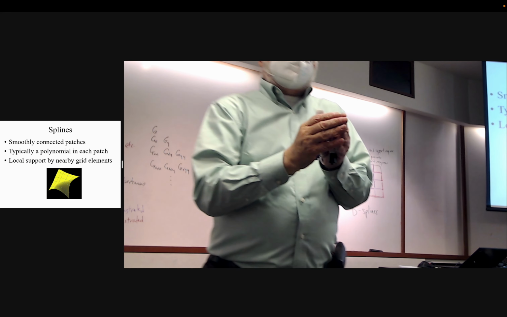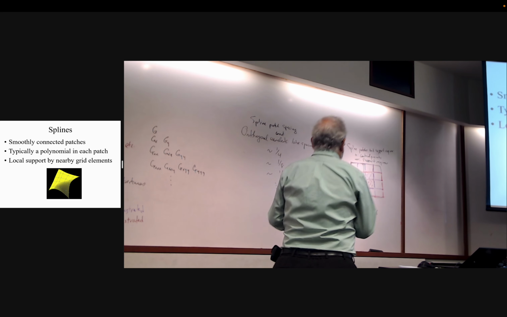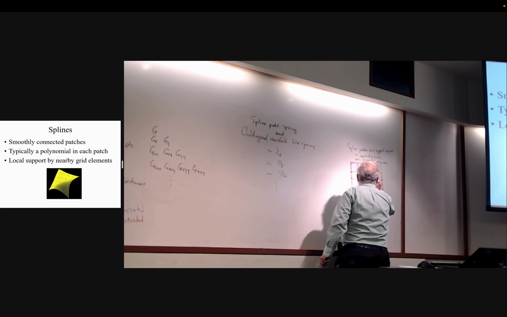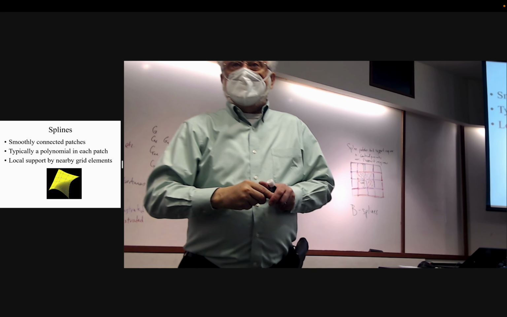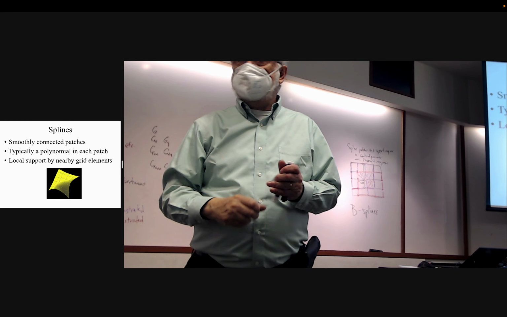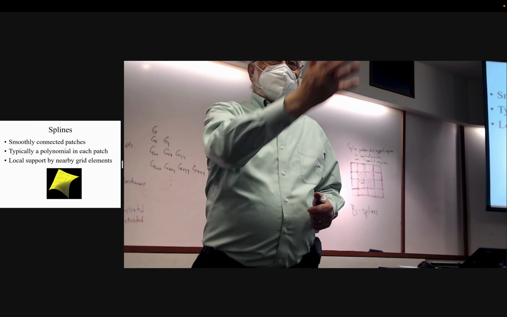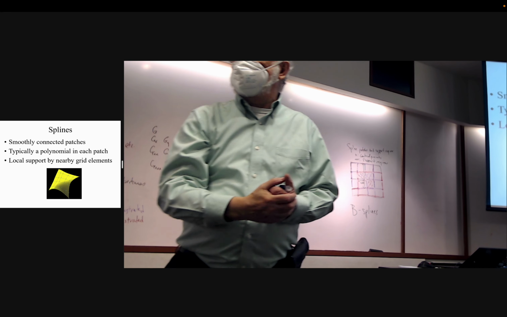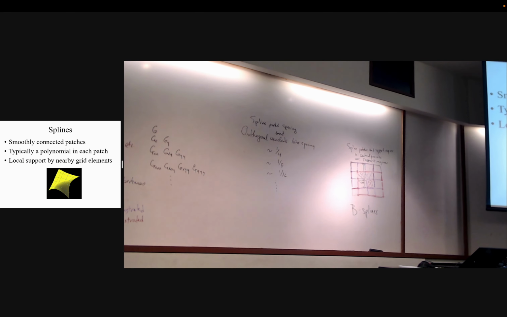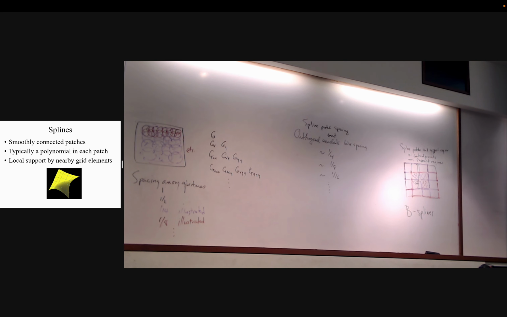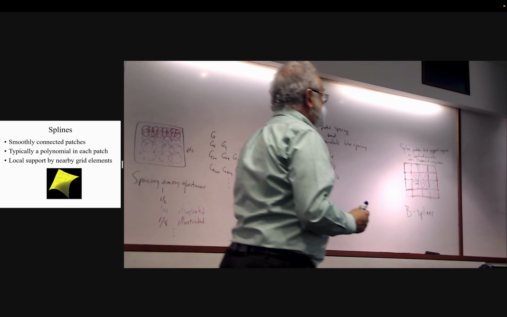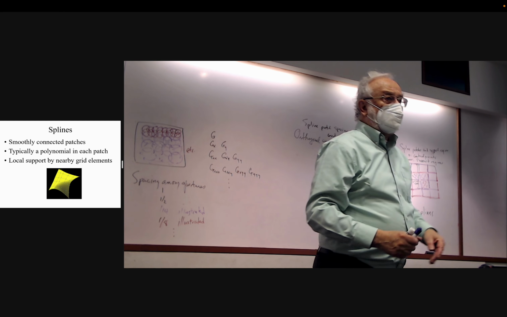That is to say, at this edge separating the two patches, across that edge, the polynomials agree in value. They're smooth in first derivative and in second derivative. They produce continuous functions in 0, first and second derivatives. So you end up with a smooth arrangement overall.